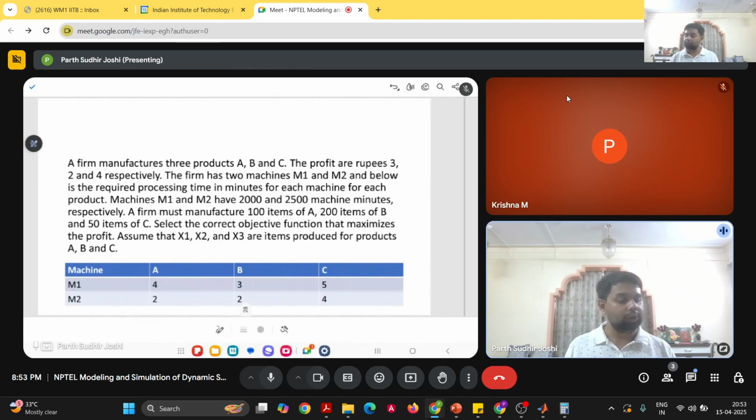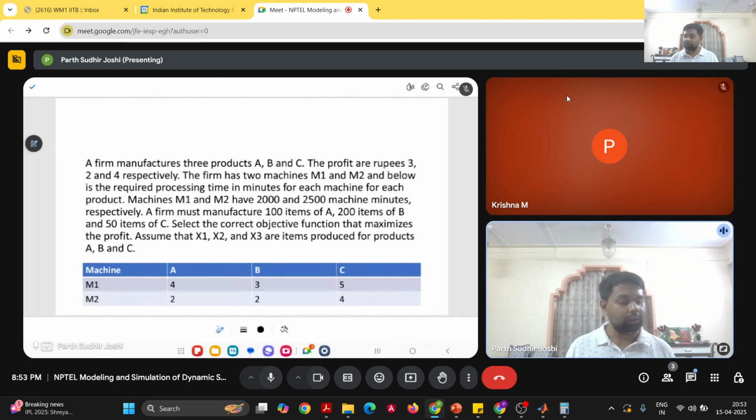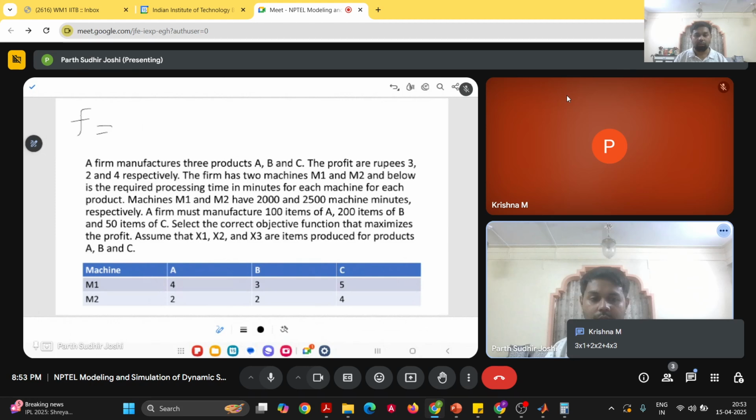So then the objective function will be, so what will be our objective function? 3x1 plus 2x2 plus 4x3.